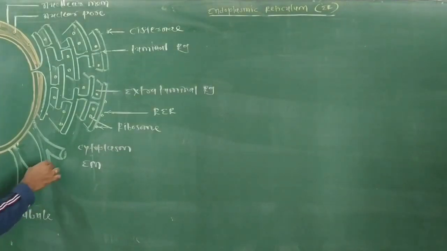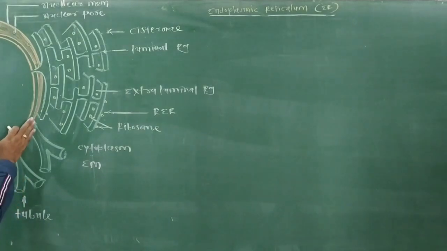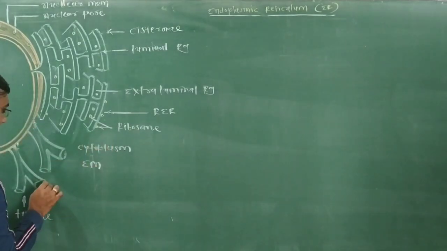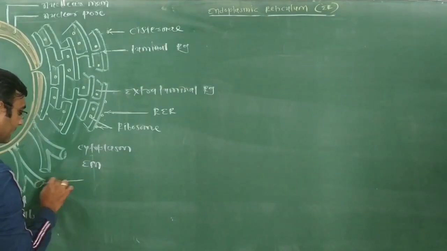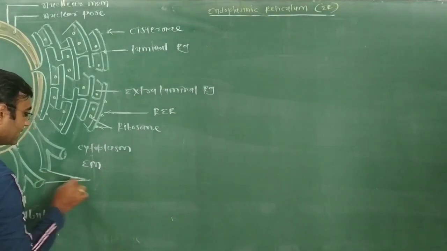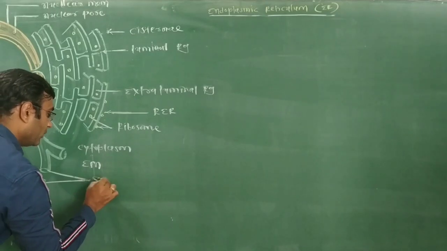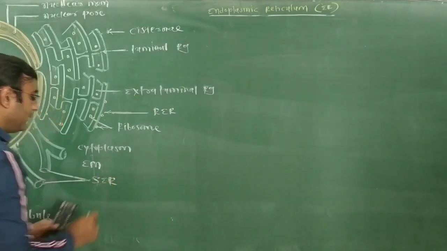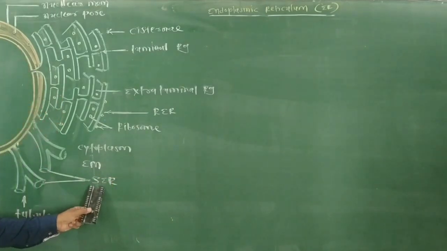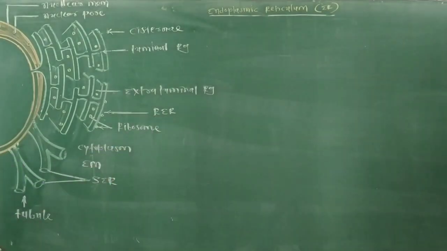The tubular endoplasmic reticulum, on its external surface, has no ribosome, so it appears smooth. That's why this endoplasmic reticulum is considered smooth endoplasmic reticulum. SER is smooth endoplasmic reticulum, RER is rough endoplasmic reticulum.